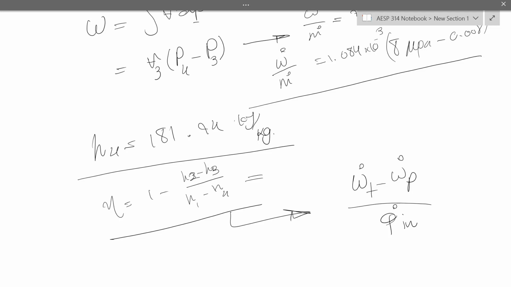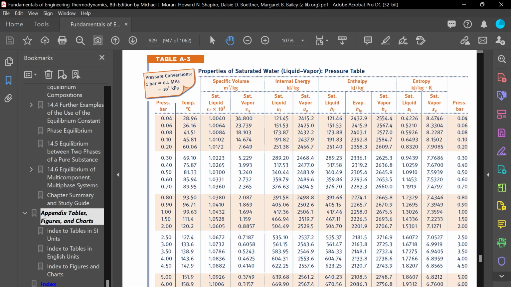H3, I have to go back to the table, but we have the table here. So saturated liquid, H3 is 173.88. H2, I can actually look at my notes. H2 is going to be 1794.8.